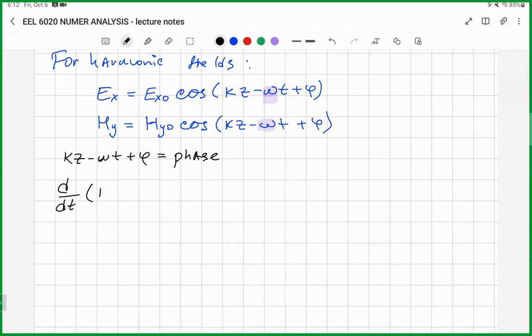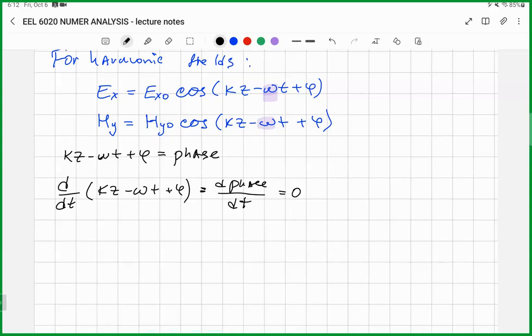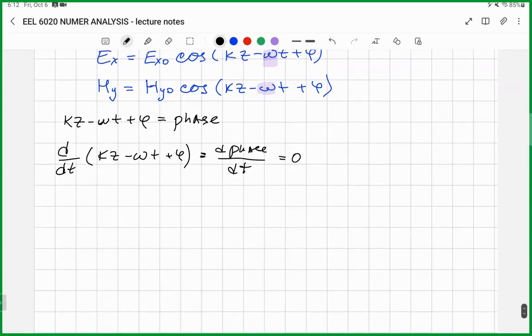The time derivative of kz minus omega t plus phi is equal to the time derivative of the phase. It's equal to 0 because the phase doesn't change when I change the time. And now I take the time derivative of each component in the phase.